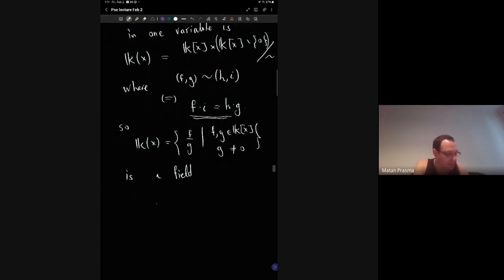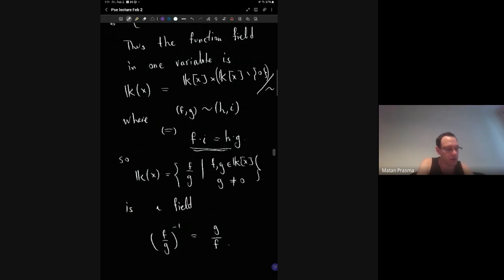And the multiplicative inverse of a non-zero element, f modulo g, is going to be g divided by f.